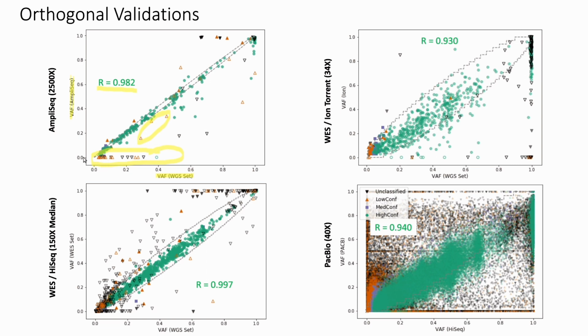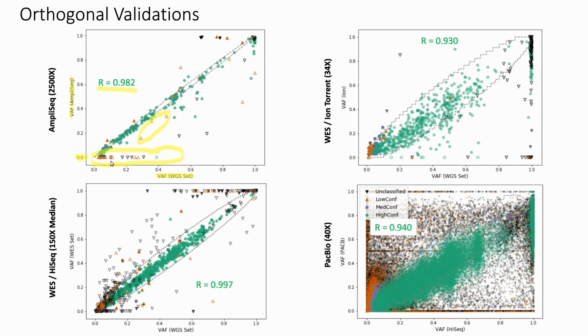Where they are on the y-axis is the VAF estimate based on the validation platform's read count. So if they're on the bottom of the graph, it indicates that those variant calls were not validated in the validation platform, and there was no variant read in the validation platform.